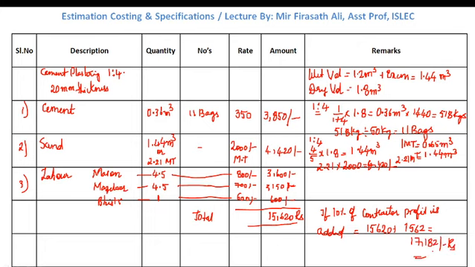So, this is nothing but the estimation of plastering. This is nothing but the estimation of 17,182 rupees. This is all we need to consider.